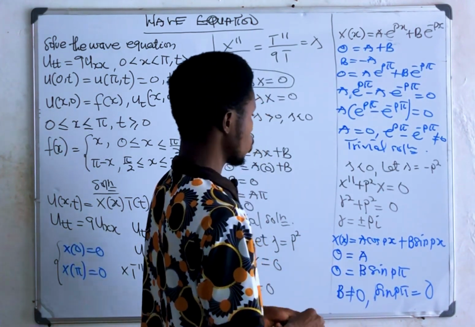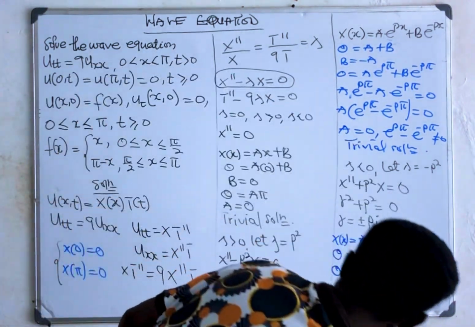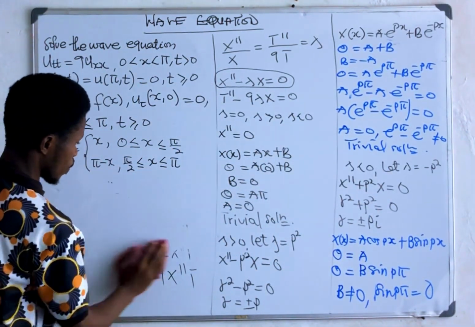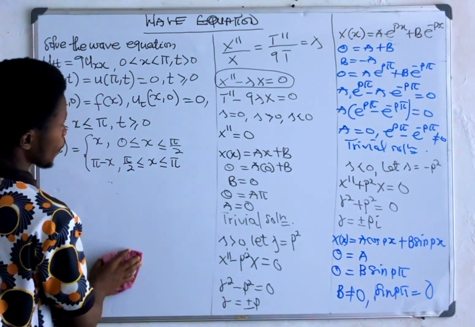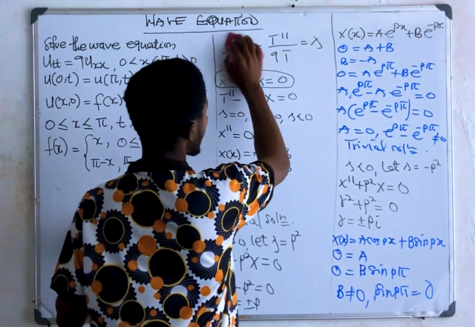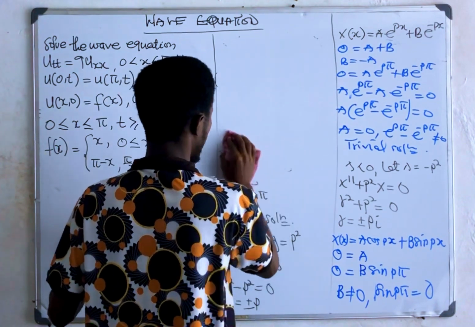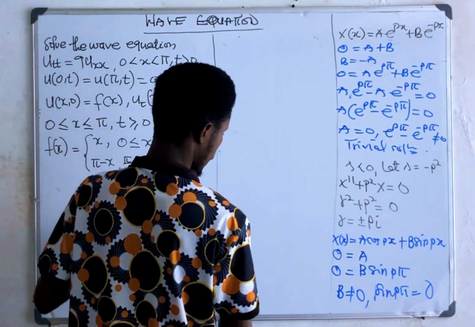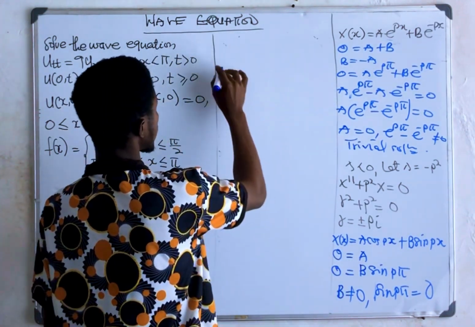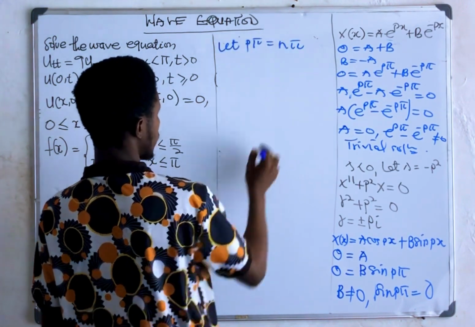So what you normally do here is that, let me clean this side. So what you normally do here is that you let p pi be equal to n pi.